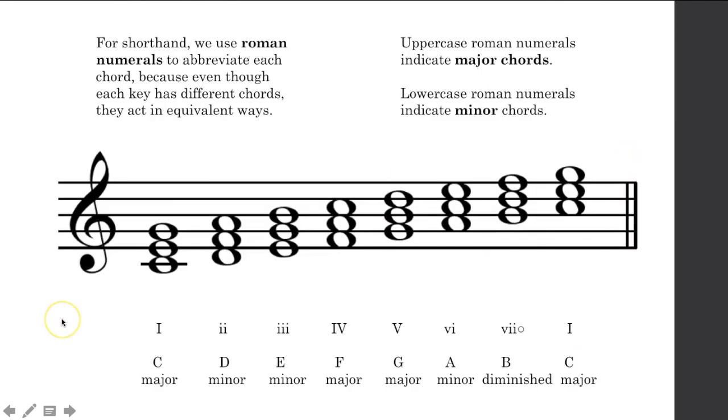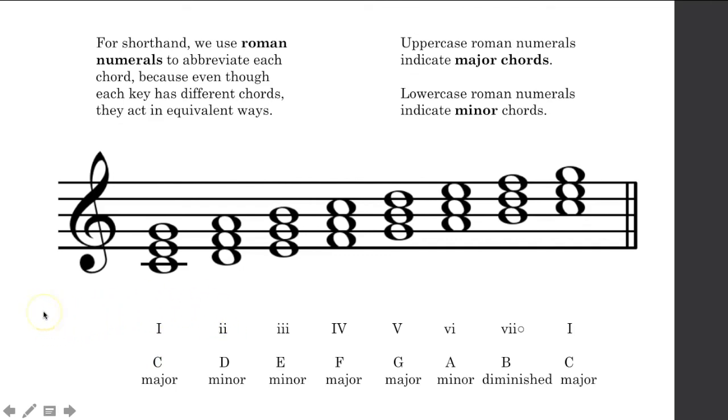Finally, when we're talking about chord progressions, it's useful to be able to talk about different keys. Pieces of music are in a lot of different keys, but we're interested in what makes them structurally similar. So we don't usually talk about, oh, this is a D major chord that goes to E minor. It's more useful to say, oh, this is a 1 chord that goes to a 2 chord.